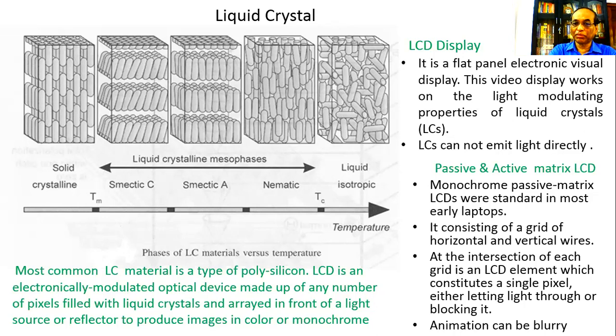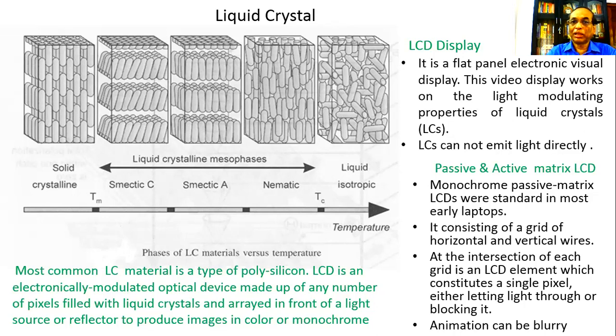At the intersection of each grid is an LCD element, that is, the crystal is embedded there, which constitutes a single pixel, either letting light through it or blocking it. Sometimes it blocks the light and sometimes it allows the light. But with this monochrome LCD display, the animation cannot be so sharp. It is mostly blurry.